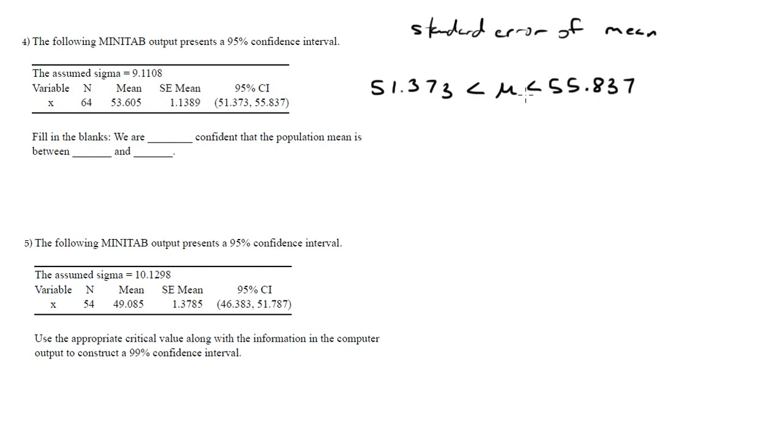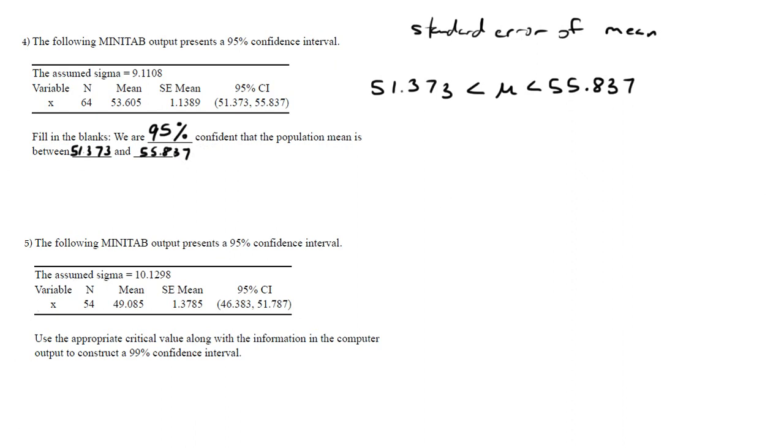So this is saying we believe the real population mean is between 51.373 and 55.837. How confident are we? Just like problem number 3, we're 95% confident that the population mean is between 51.373 and 55.837. That's just typical confidence interval talk.